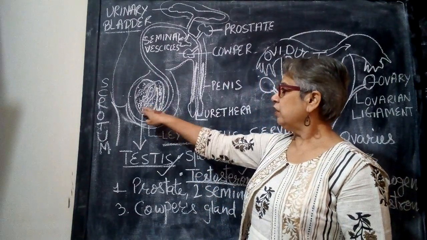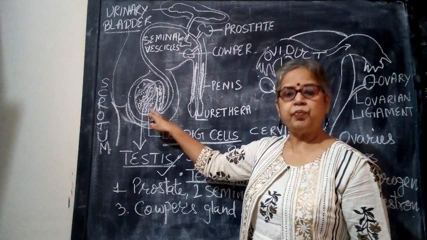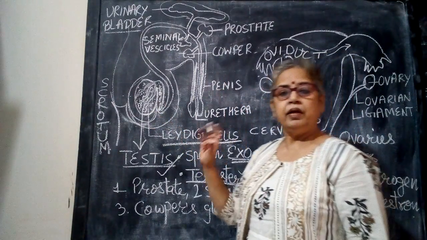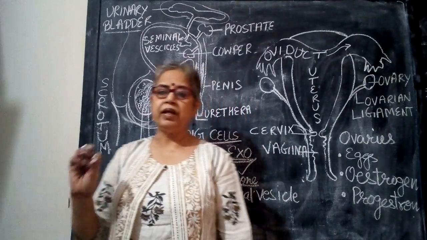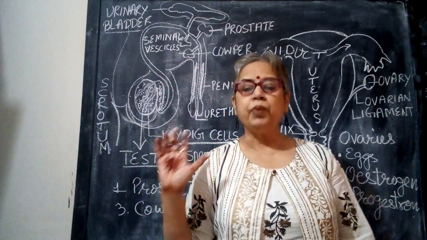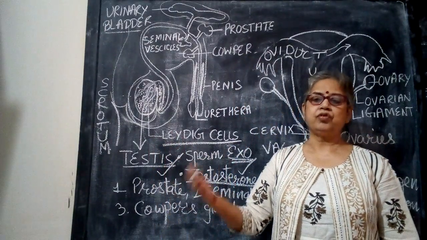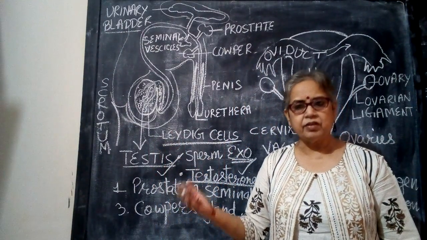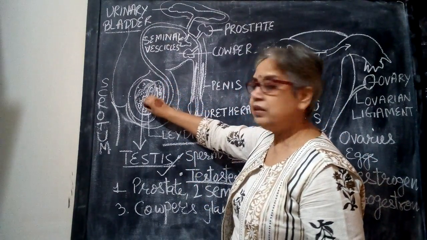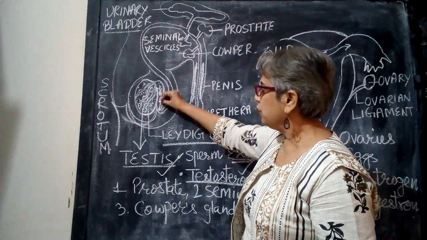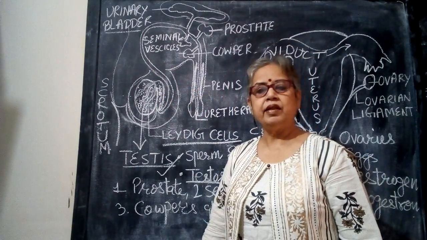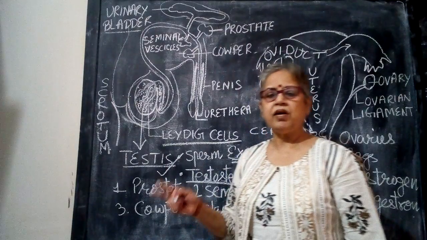Now, okay, we are done with primary sex organ, right? Primary part. Now, what about the secondary part, like the penis? The secondary part is also very, very essential because without penis, the sperms cannot be introduced into the female genital tract. So, the sperms which are produced in the testes, stored in the epididymis, are taken by this tube, which is called vas deferens, and plural is vasa deferentia.